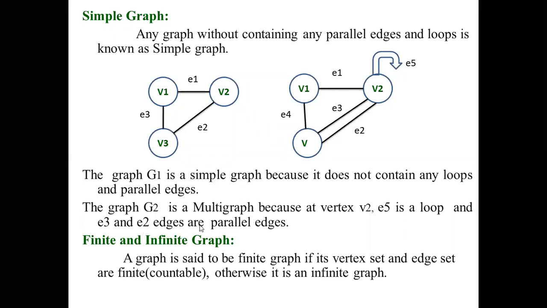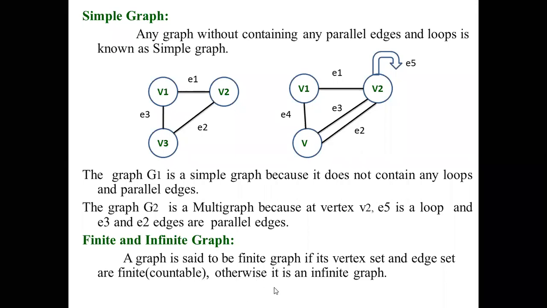The graph G2 is a multigraph because at vertex V2, E5 is a loop, and the E3 and E2 edges are parallel edges. Next definition, finite and infinite graph. A graph is said to be a finite graph if its vertex set and edge set are finite. Finite means countable.